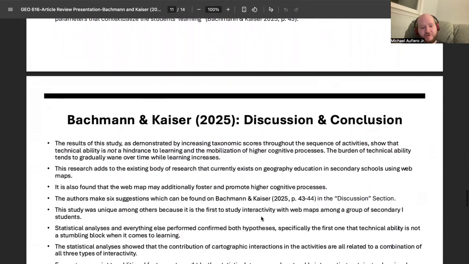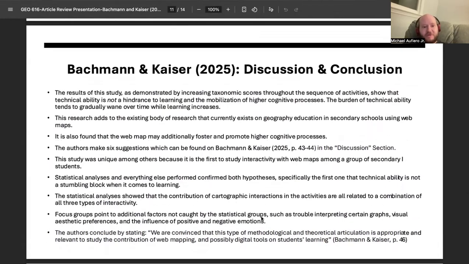All right, discussion and conclusion finally. The results of this study, as demonstrated by increasing taxonomic scores throughout the sequence of activities, show that technical ability is not, and this is conversely to previous literature, a hindrance to learning, and that mobilization of higher cognitive processes, or in other words, the emergence of more critical thinking skills, is apparent with interactivity.